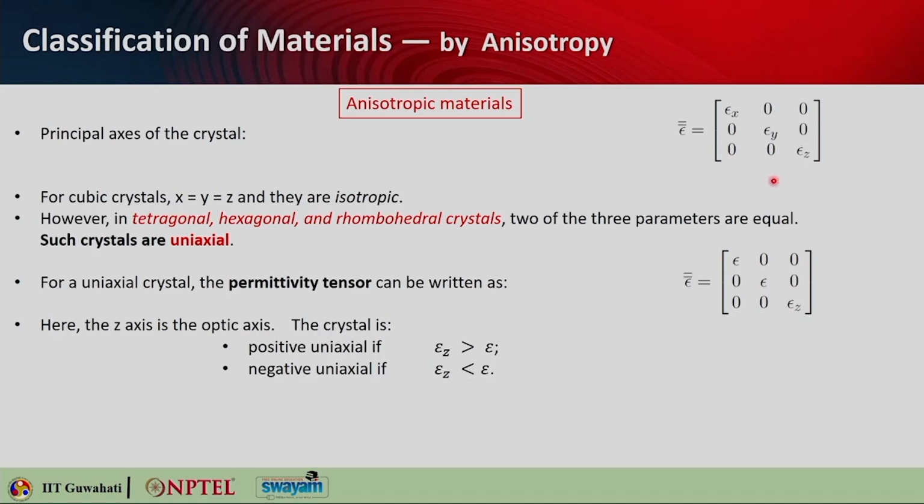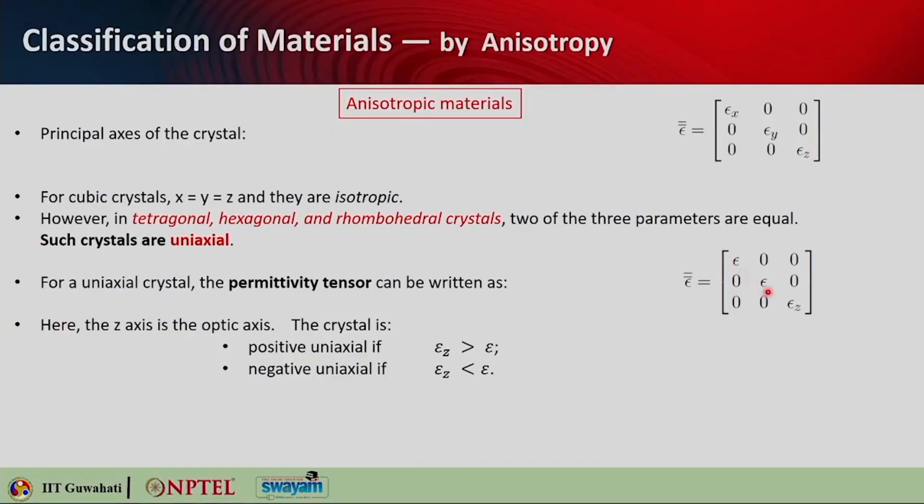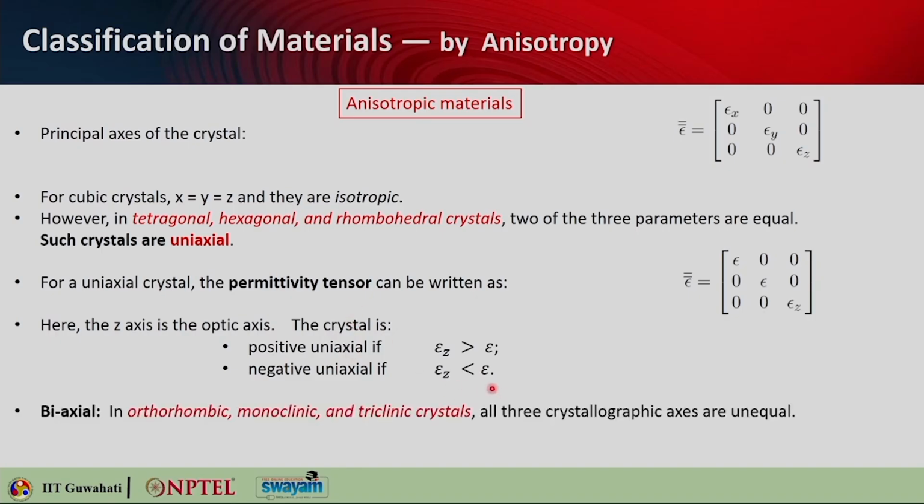As such, you can think of an index ellipsoid kind of situation where epsilon x, epsilon y and epsilon z are giving you an ellipsoid. When epsilon x and epsilon y are the same, that means the cross section is the same, so this becomes a circle, and on top you can think of this as epsilon z. If epsilon z is larger than this one, then it is called positive uniaxial. If epsilon z is smaller than epsilon, it is a negative uniaxial crystal.